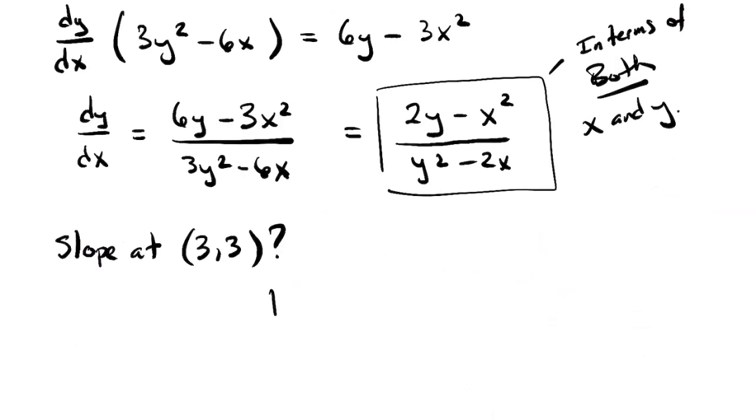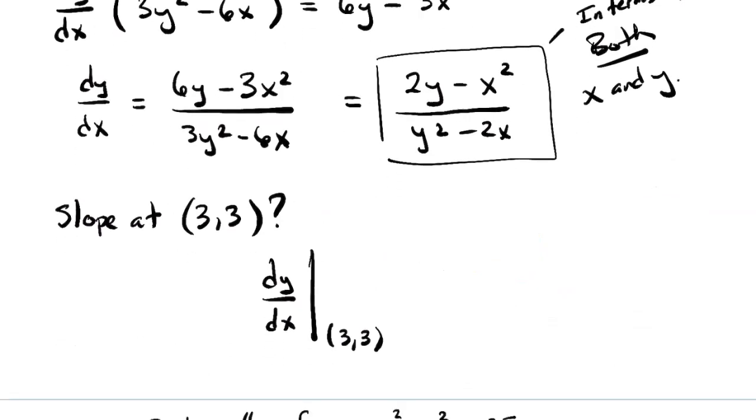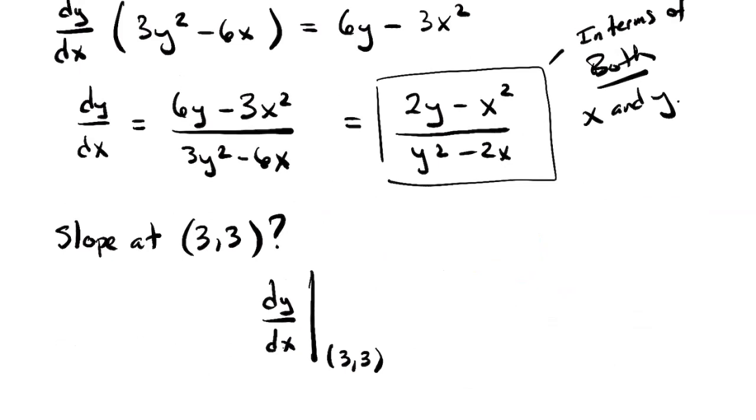Let me introduce some notation that we'll use throughout this course. It's called an evaluation bar. The way you read this is the derivative dy/dx evaluated at (3, 3). That vertical bar with that little point down there means I'm going to take the derivative expression and plug in 3 for y and 3 for x.